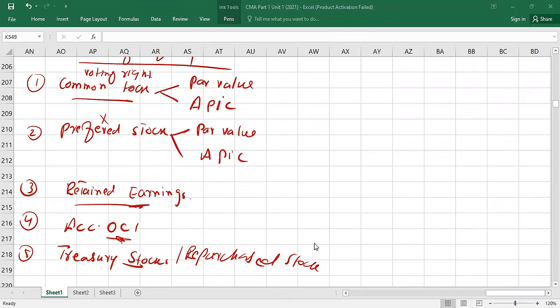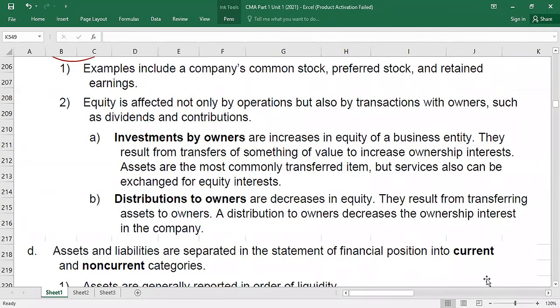Now, guys, there is one common question. Sometimes they test it in your exam.